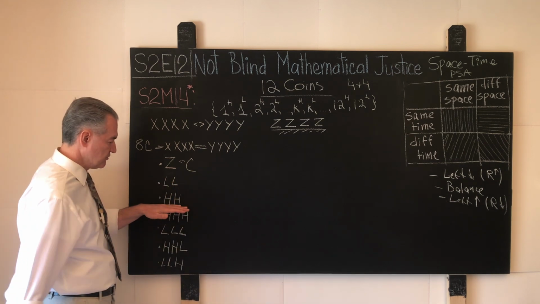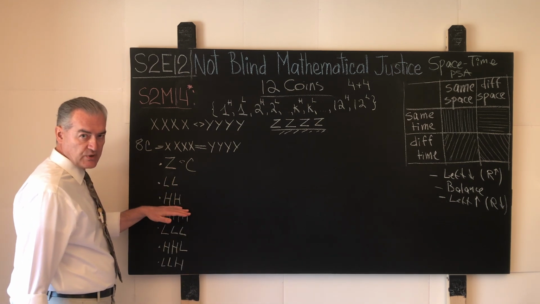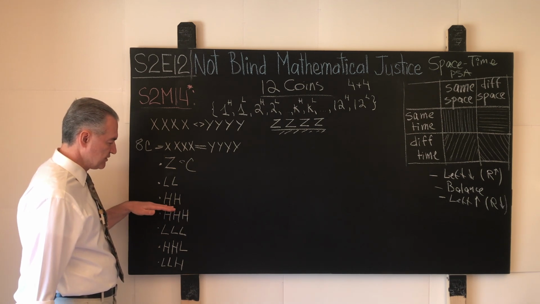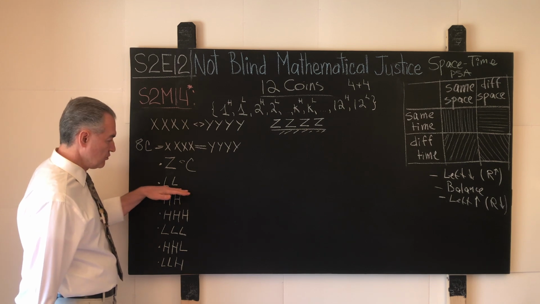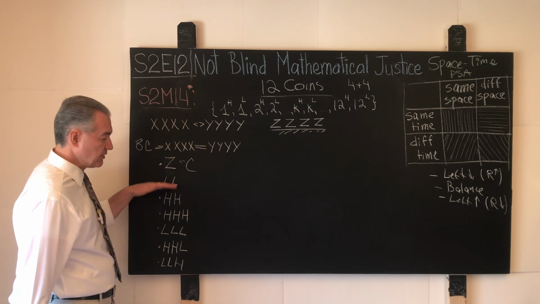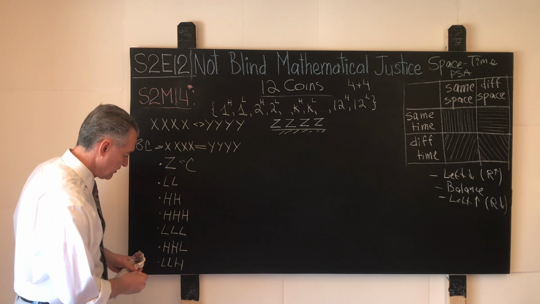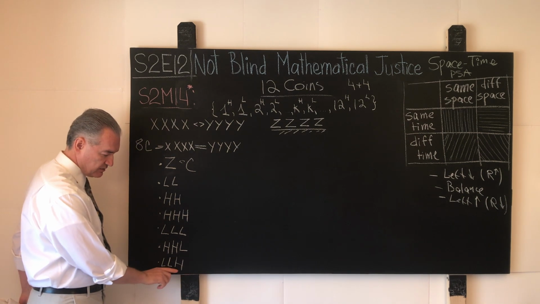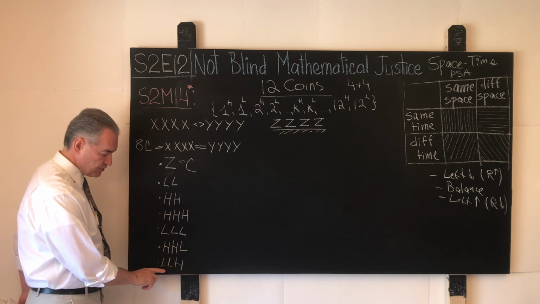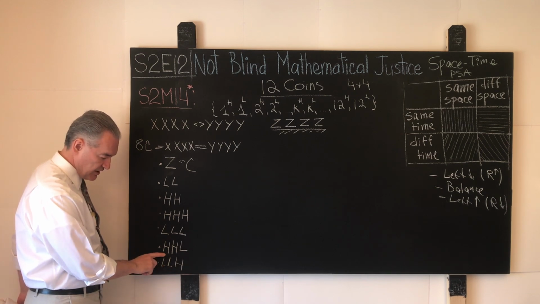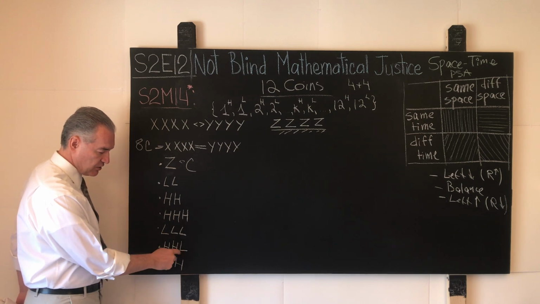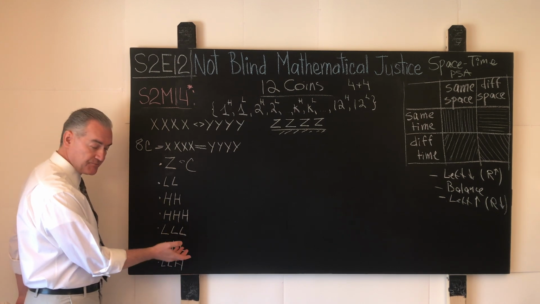For example, if we're given the string HH, we can obtain its conjugate image by replacing uniformly all the letters H with the letters L, and we obtain, for example, this grouping, and conversely. Or let's say for demonstration purposes, take this grouping right here, LLH. In this grouping, we replace the first L with the letter H, the second L with the letter H, and the letter H here with L, and we obtain this string right here, and conversely.